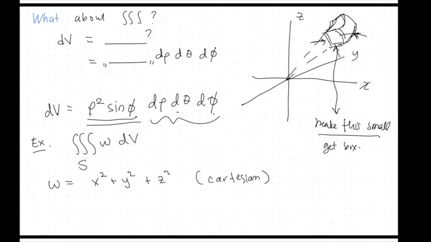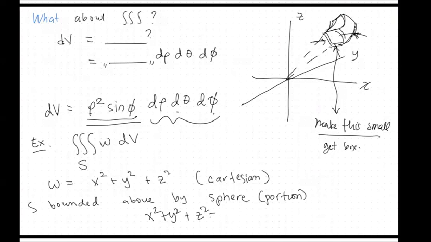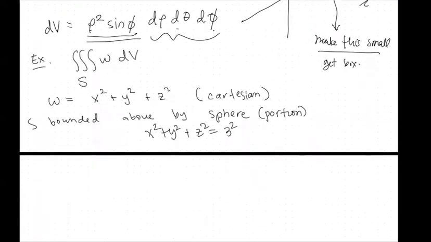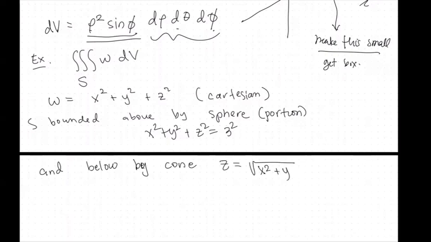And S is bounded above by the portion of the sphere x squared plus y squared plus z squared equal to 3 squared, or 9, and it's bounded below by the cone z equal to the square root of x squared plus y squared.